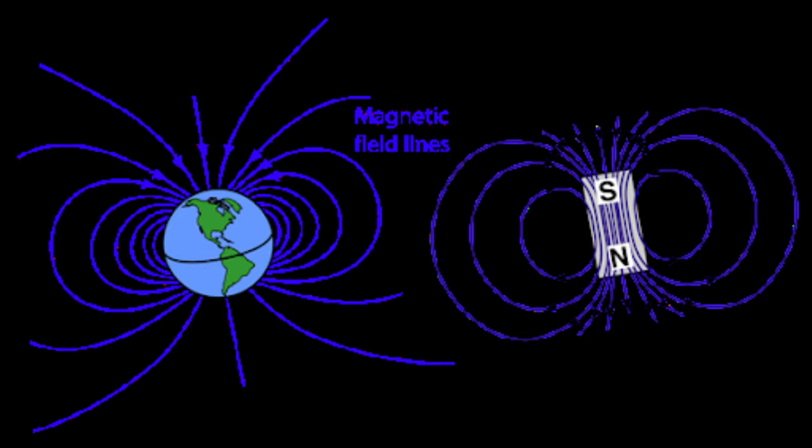So it's basically our force field protecting us, and everyone knows that magnets do have force fields around them, because an easy experiment is to take a metal plate, put a bunch of metal filings on the plate, stick a magnet to the bottom of the plate, and you'll see all the filings move in alignment with the magnetic poles of that particular magnet.